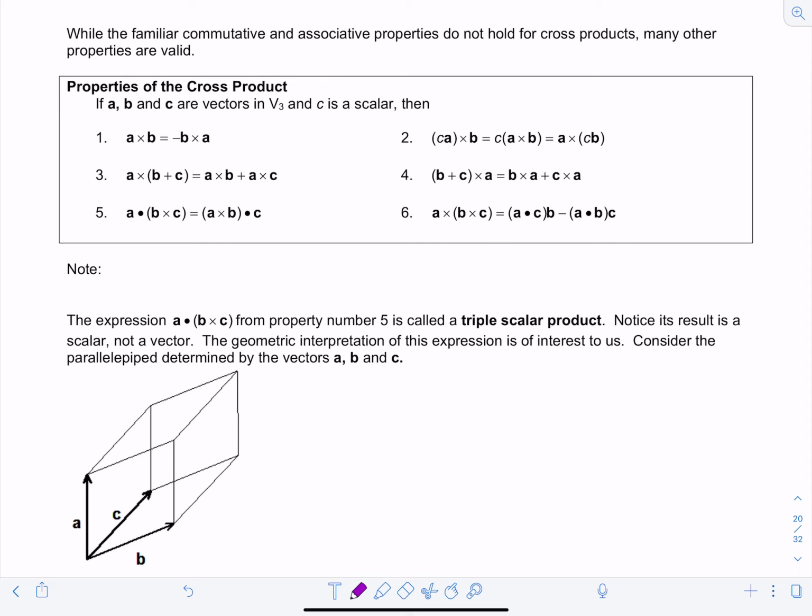And other properties, though, are valid. So here we've stated, okay, if you interchange the order, you get a vector with the opposite sign. You can move around a scalar using the associative and commutative properties. That's fine. And the cross product distributes over addition. Okay.